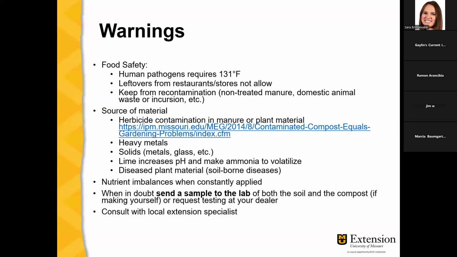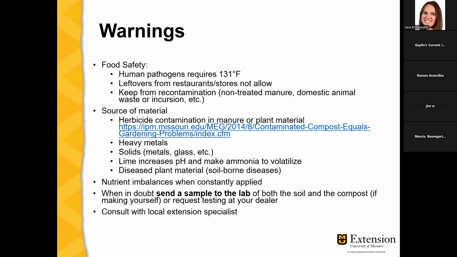Another thing that you have to be very careful about, and we're going to talk in more detail, is the source of materials. Nowadays, we've been having a lot of trouble with people making compost out of hay or out of manure from cattle that have been fed in pasture or with hay that has been treated with herbicides. Nowadays, there are some herbicides that are very stable and they can last for many years.